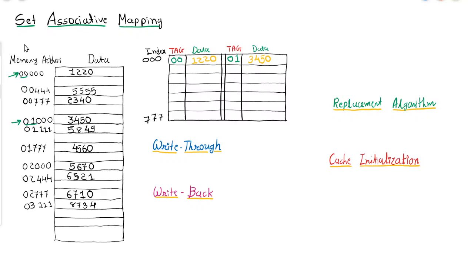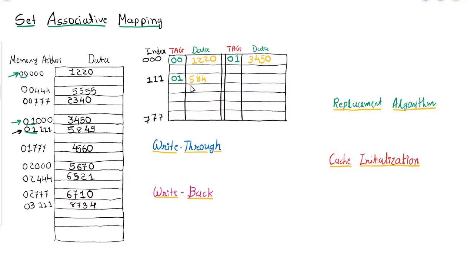Let's take another example. Let's say 01111, this is index 111. So the CPU is executing this instruction for the first time, and 01 is the tag. So first this tag 01 will be stored, and then the data. The data is 5849, but here we are dealing with octal numbers, so there won't be 8 and 9.